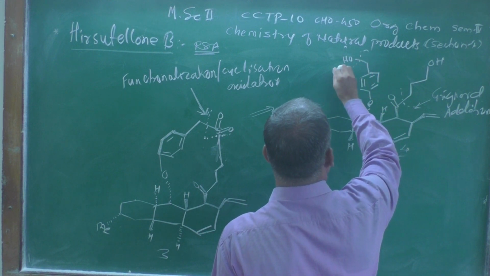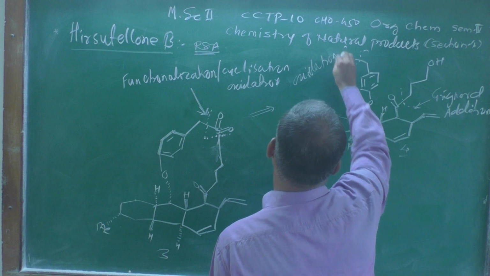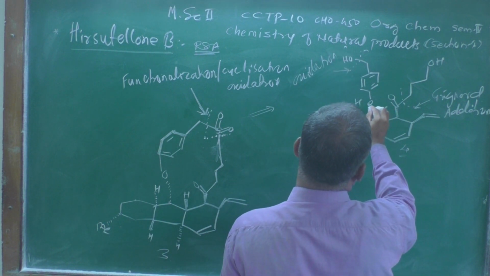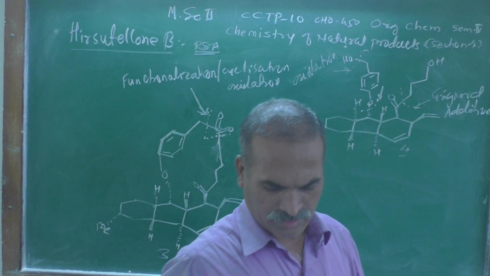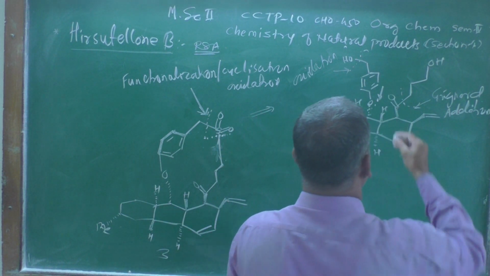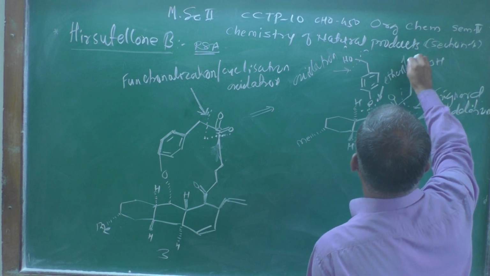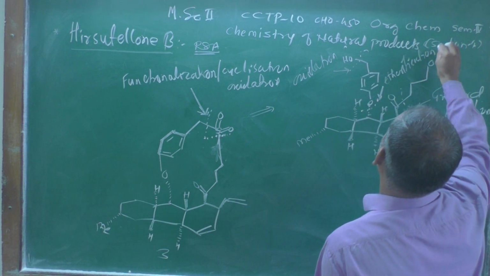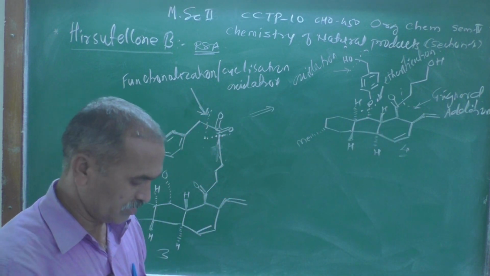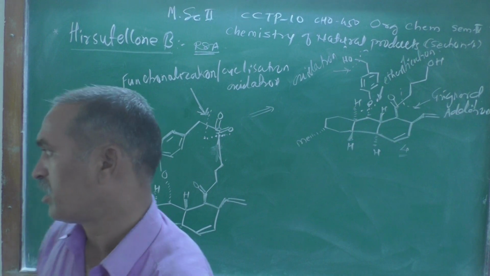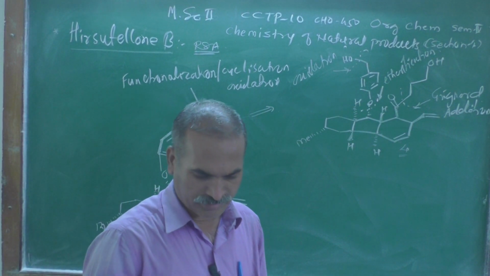Here we are going to use the oxidation, and here we use an etherification. That is the approach we are going to use, and after using these approaches we will end up with the next structure.